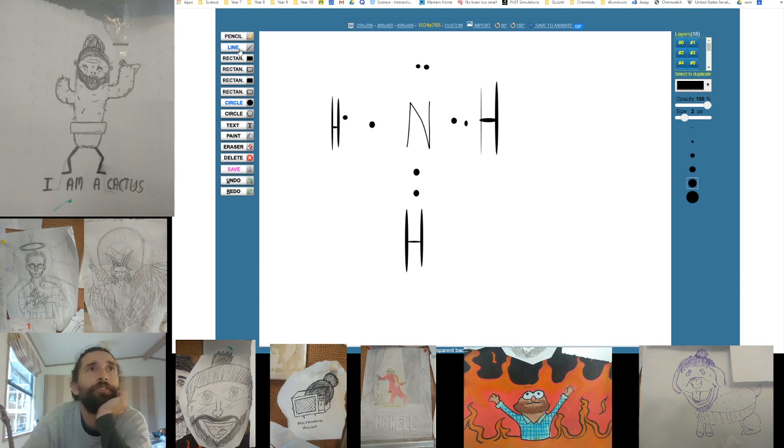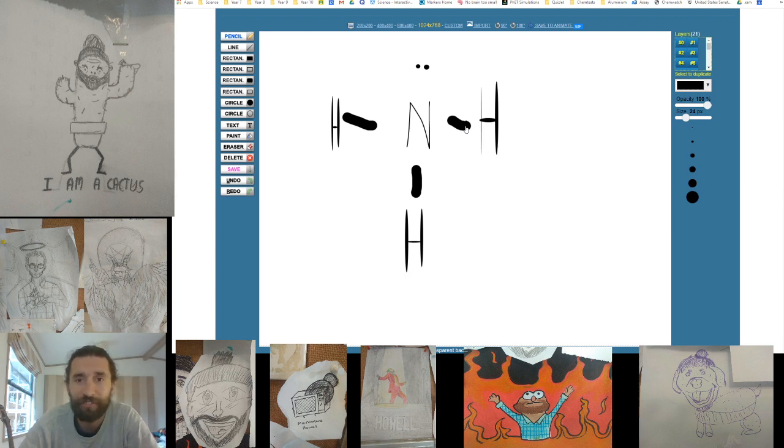This is a very bad drawing, but that's all right. What happens now is that these non-bonded hydrogens are going to bond with the non-bonded electrons on the nitrogen, and we make a bond here. So I've drawn the molecule NH3.